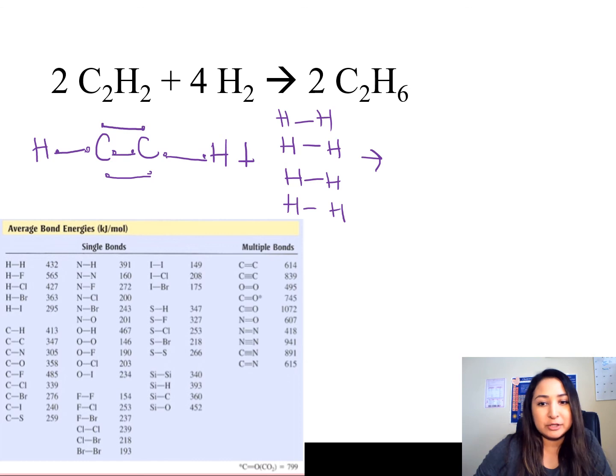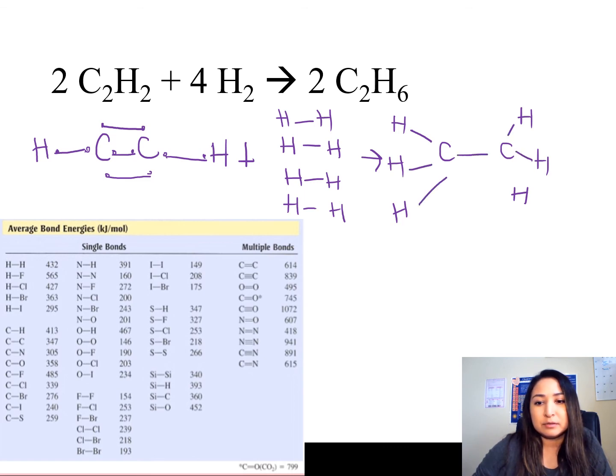So again, remember hydrogens can never go in the middle, so it's the carbons, there's 2 of them. And we would have 6 hydrogens all around, so I will just put them far apart. Carbon has 4 valence electrons, hydrogen has 1. And it will look like that. If you see 1, 2, 3, 4 on the carbon, each hydrogen gets 1.